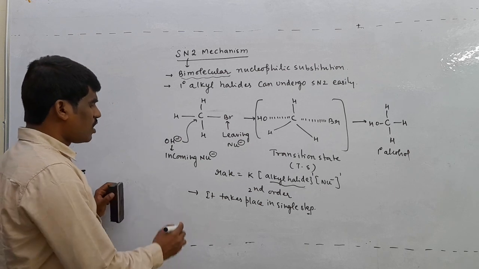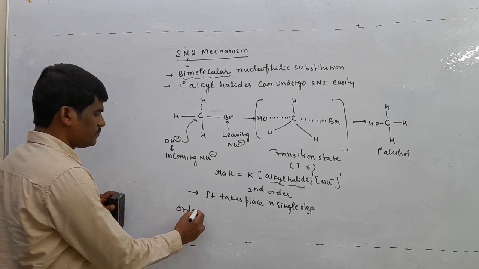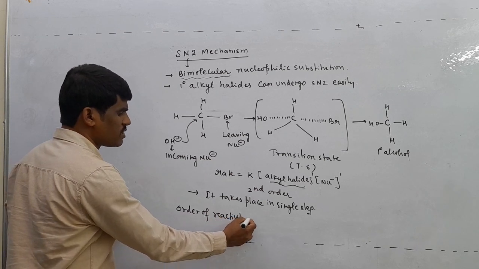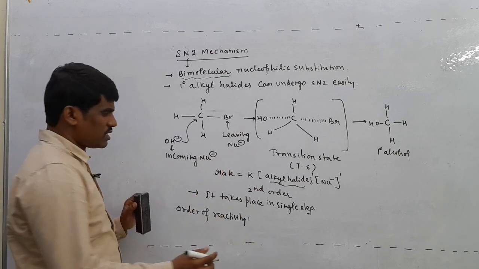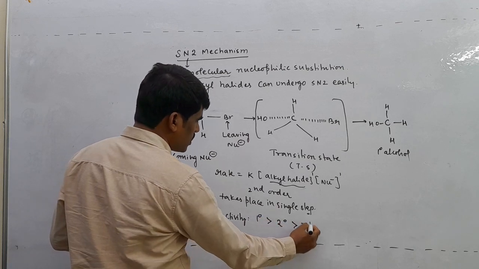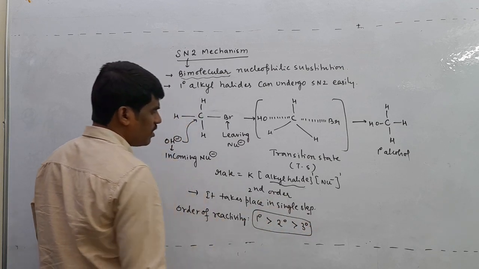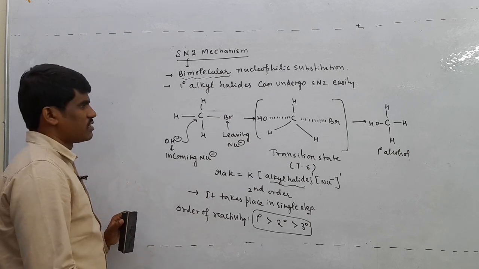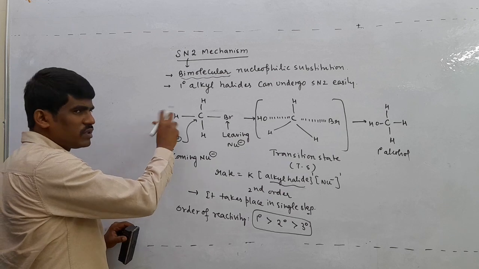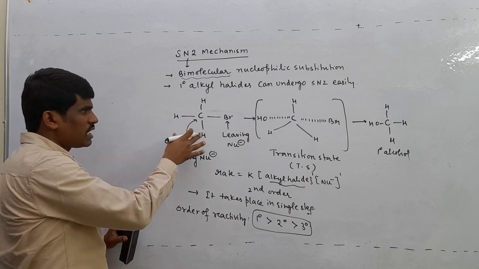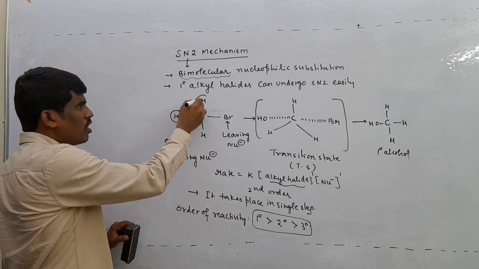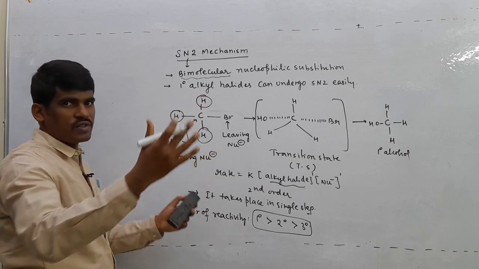But here, the order of reactivity is a point of difference. A primary alkyl halide is more reactive than secondary, than tertiary. Why? It's all a matter of steric hindrance. OH is a nucleophile attacking from the back side, so the carbon should not be surrounded by large groups.